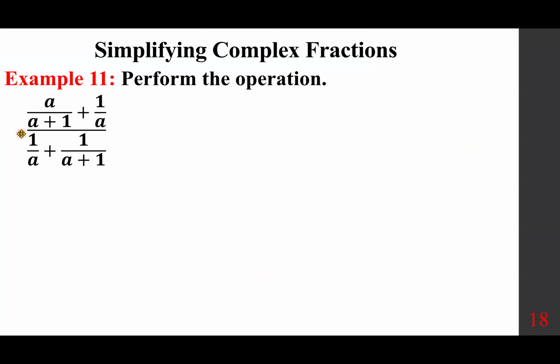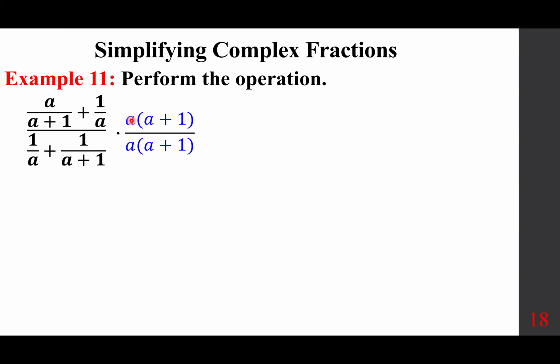You find the LCD for all fractions. You have 1, 2, 3, 4 fractions, for all 4 fractions. Notice for the numerator is a times a plus 1, and it repeats. For the denominator, simply the product of these two is the LCD for the top as well as the bottom. So you're going to multiply by that.